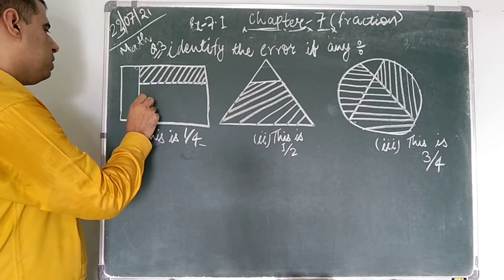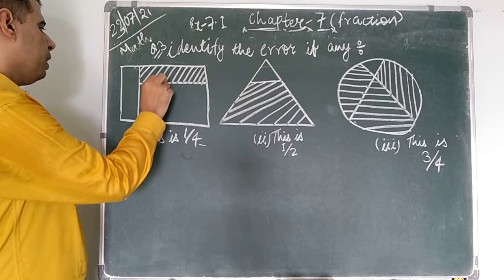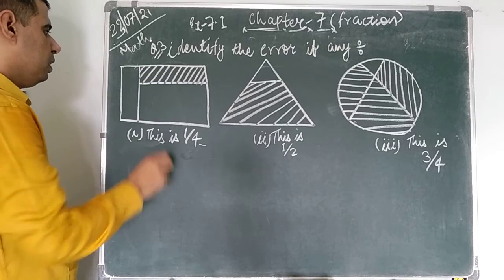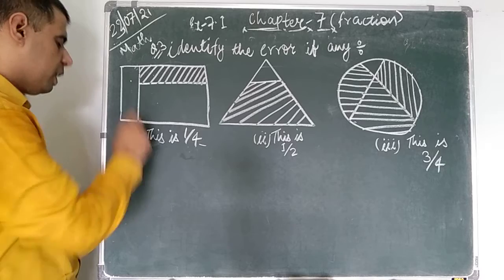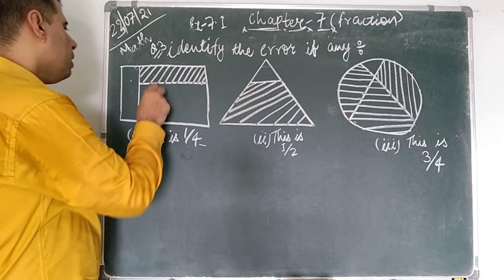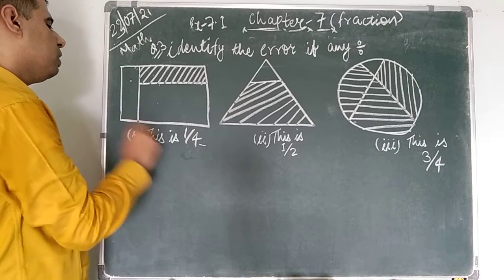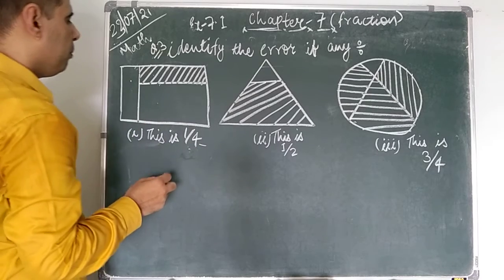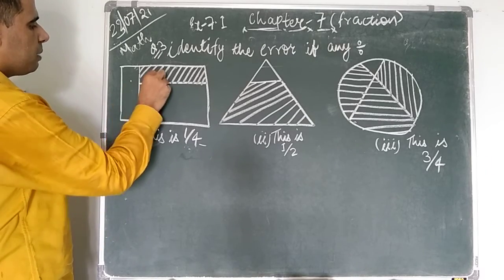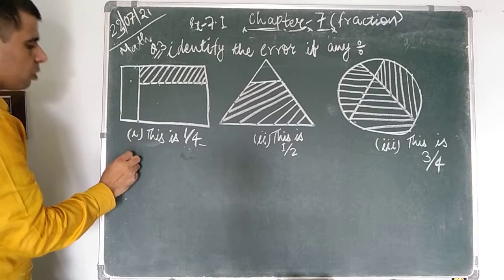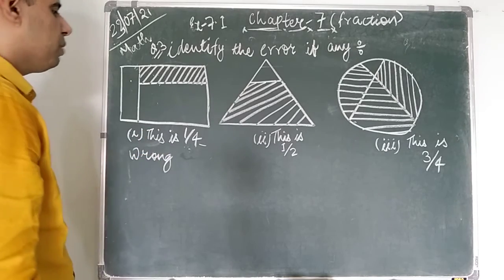But in reality here the figure has been divided into 3 parts, the first part, second part and third part, and this region doesn't represent 1 by 4. So this is wrong because the figure must be divided into 4 equal parts, then only it will represent 1 by 4. So the shaded region doesn't represent 1 by 4.